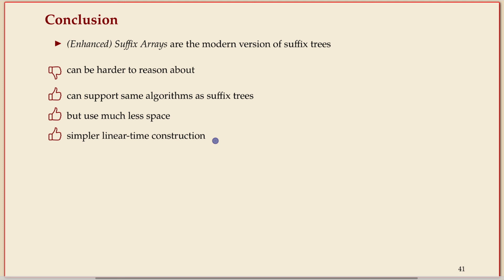One pointer for current directions is to reduce the space even further. So you can do all that we've seen if you also try to zip the text. So you try to compress the text, but at the same time keep all the functionality we've seen. And that kind of all builds on these ideas.